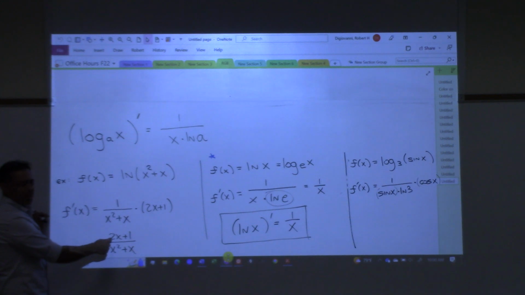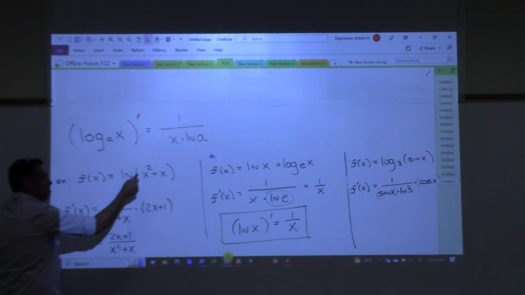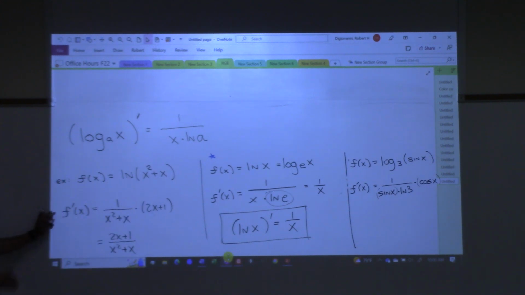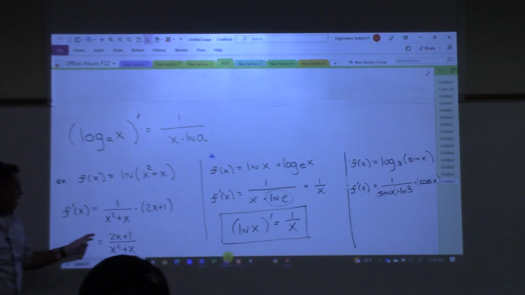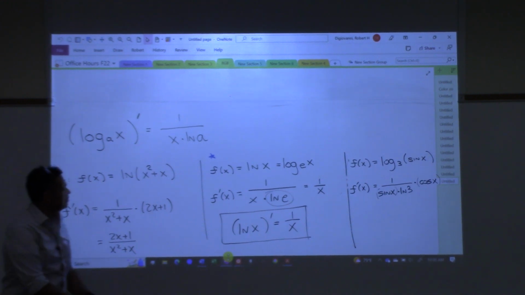That makes sense? This denominator is just what was in the log, and the numerator is just the derivative of what was in there. That will always happen when you're talking about a natural log. You could say it this way: the derivative of the inside of the log over the inside of the log itself.